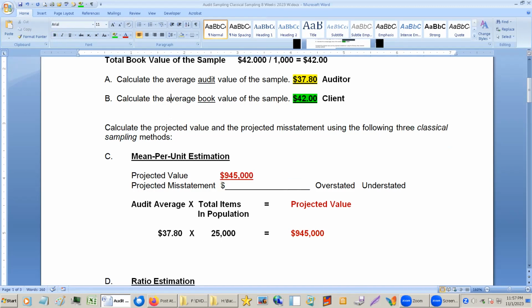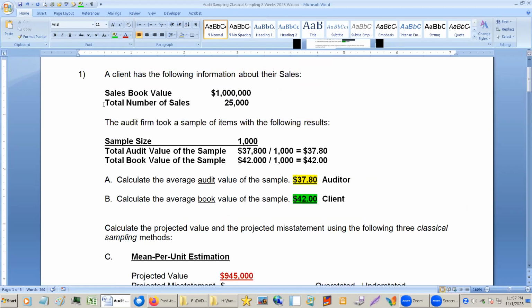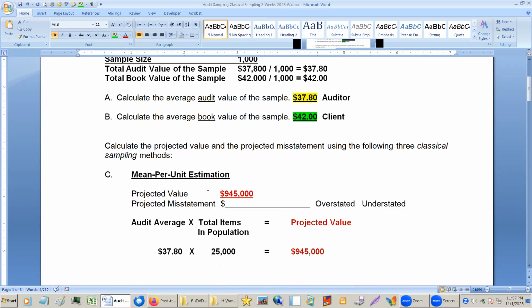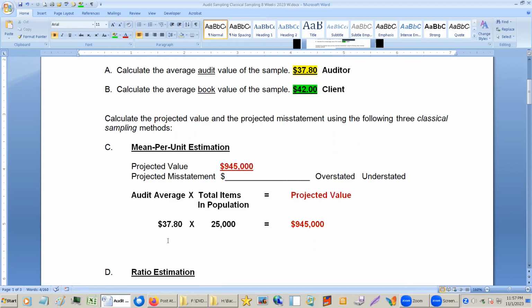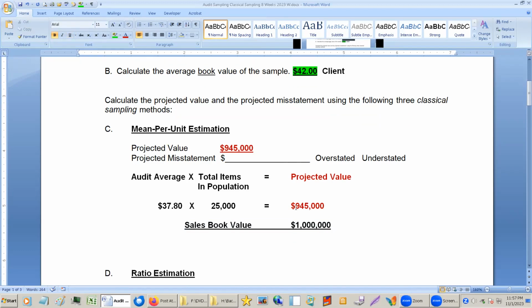Now we want to know how much this is misstated by, and for that we need the book value. Our book value is $1 million. So they're saying it's worth $1 million. We're saying it's worth 945,000.